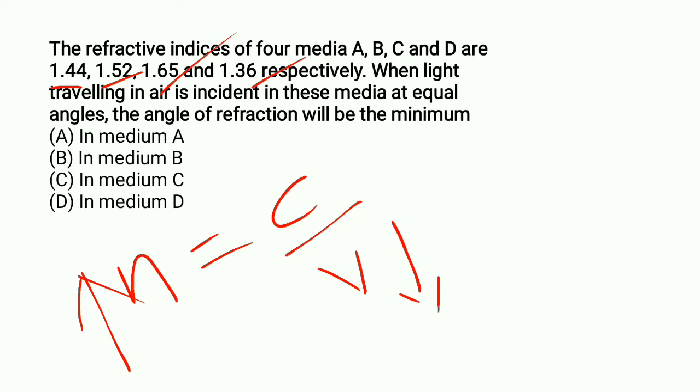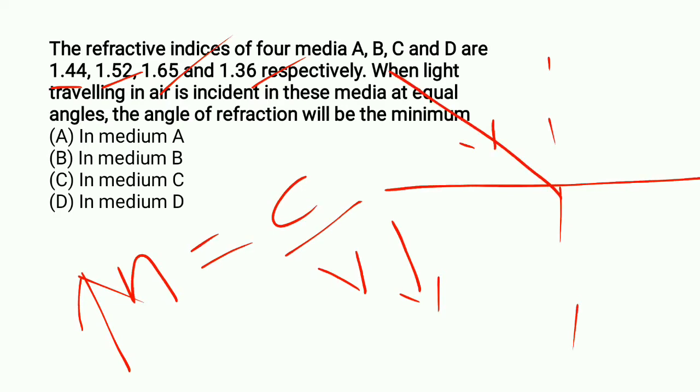So let us draw one diagram. Let us suppose that this is the ray of light, and this is the normal. The refracted ray is bending towards the normal.